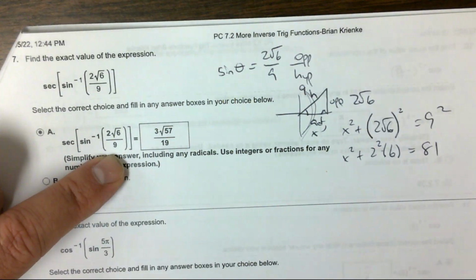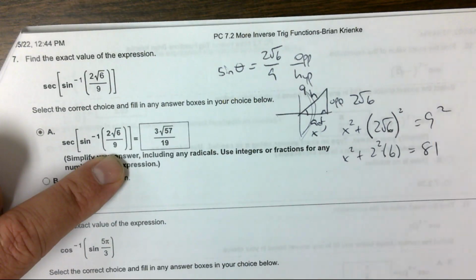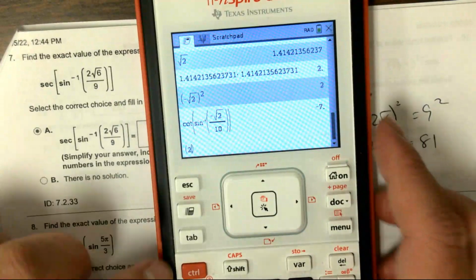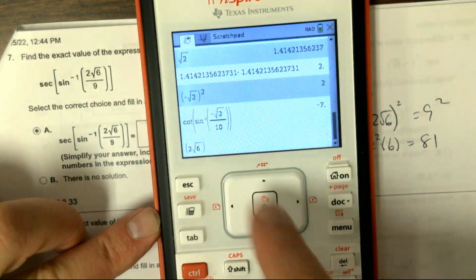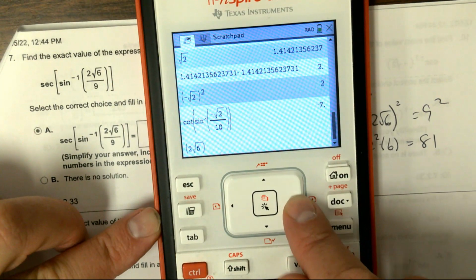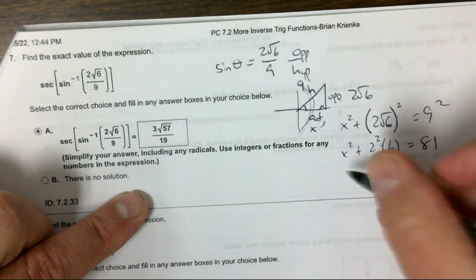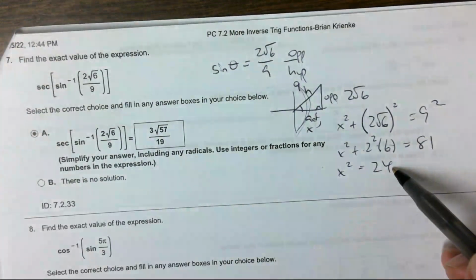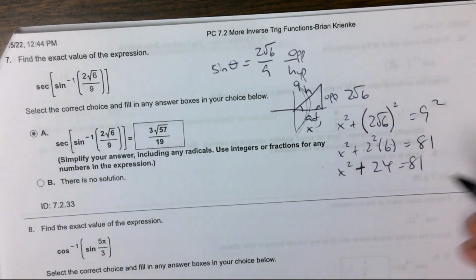What I want to make sure you do is don't just square 6. You'd probably want to do it like 2 square root of 6, and then make sure you move your arrow over to the right enough, and then do squared. And so we get 24. And 4 times 6 is also 24. I meant plus right there. Equals 81.